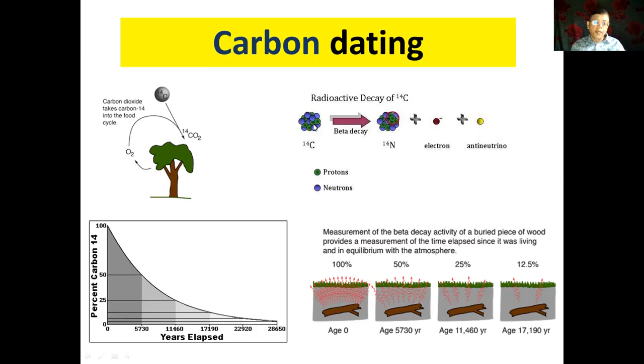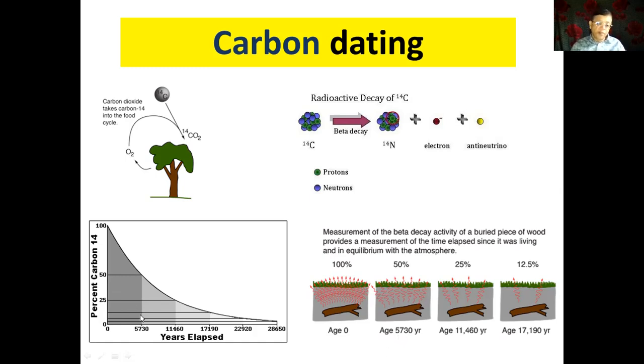And C14 is a radioactive material which decays. It gives off a beta particle, that is an electron, and is converted into nitrogen 14. The decay of C14 happens like this: there is a half-life of about 5,730 years.